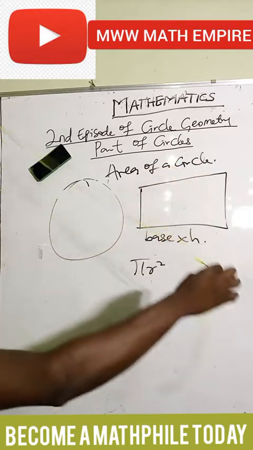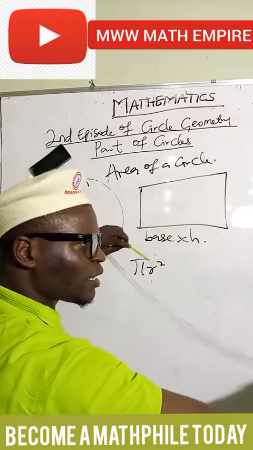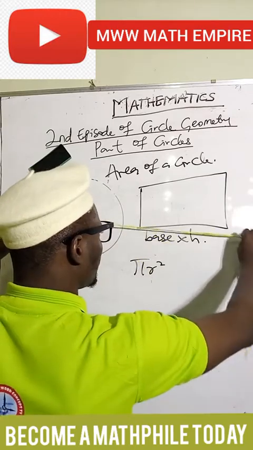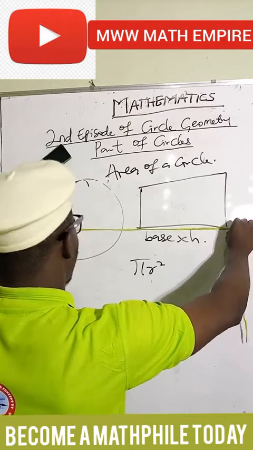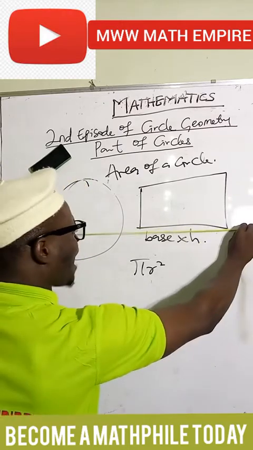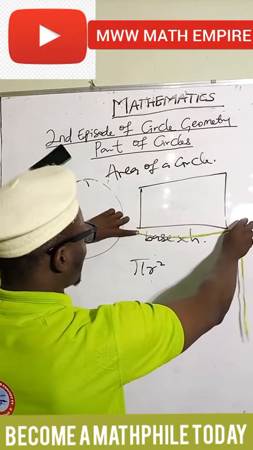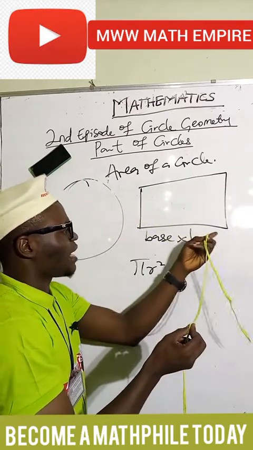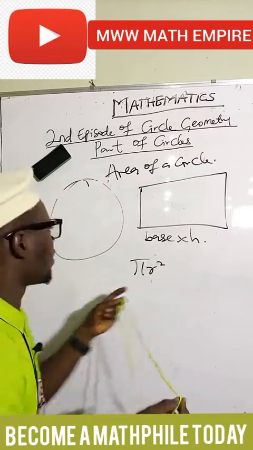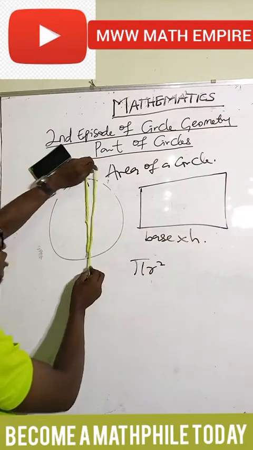Forget about this side. From this point to this point is the height. Now let us take the measurement of it. Half of this is the measurement that we have as the base of the circle. And this measurement that we have here is half of the circumference of a circle.